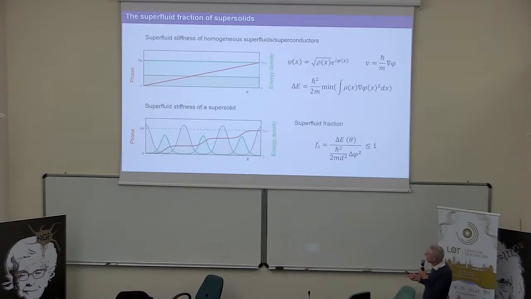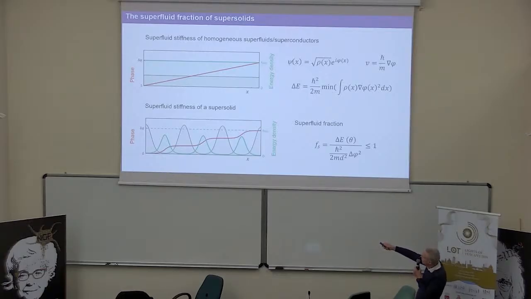55 years ago is that if you take a supersolid, the density is modulated. And so this changes completely the situation, because now we have to minimize the whole integral. What you find is that the energy is minimized not by changing the phase linearly, but by keeping essentially the phase constant where you have much density and varying it where you have low density.